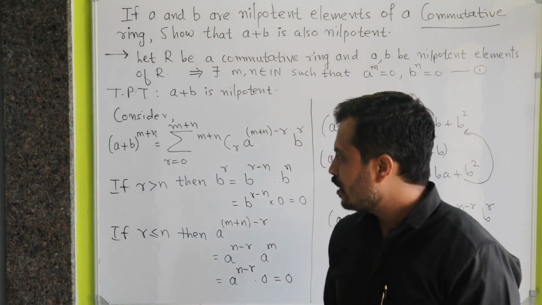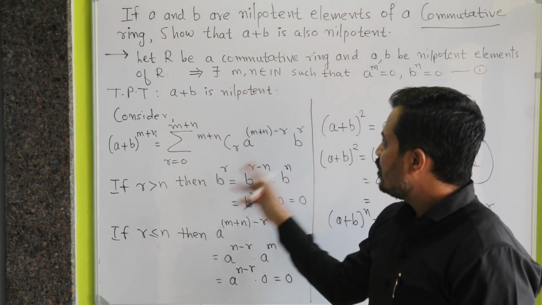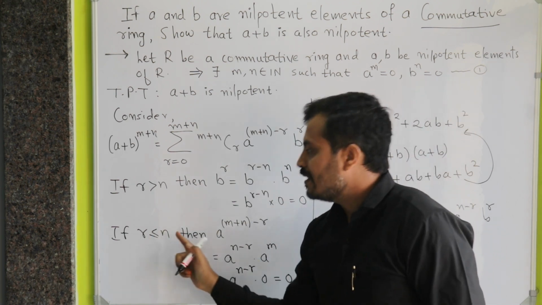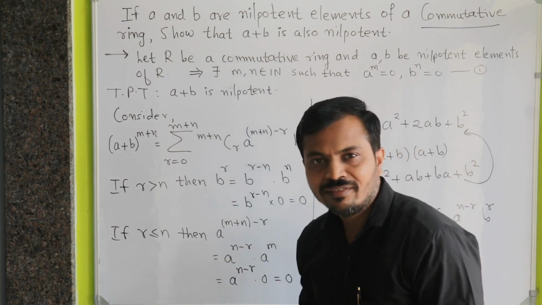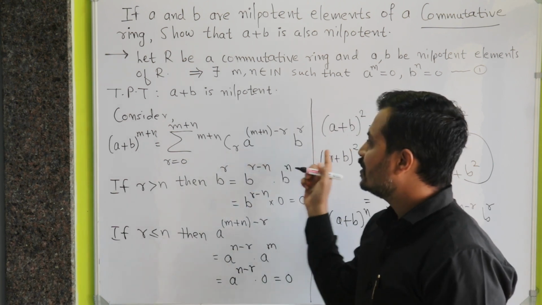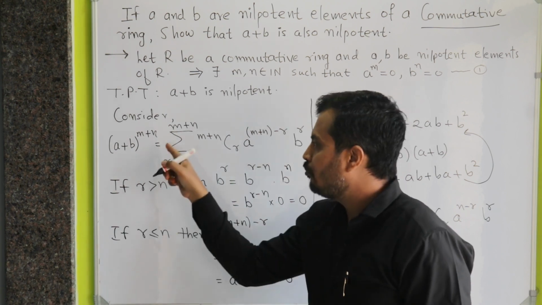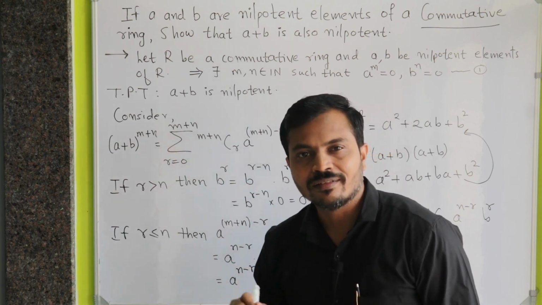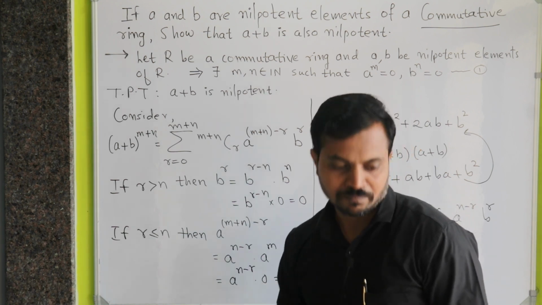So what we have shown here is if r is greater than n, then b raised to r will be 0, and if r is less than or equal to n, then a raised to m plus n minus r will be equal to 0. In other words, all the terms in this summation are now 0, and therefore (a plus b) raised to m plus n will be actually equal to 0.